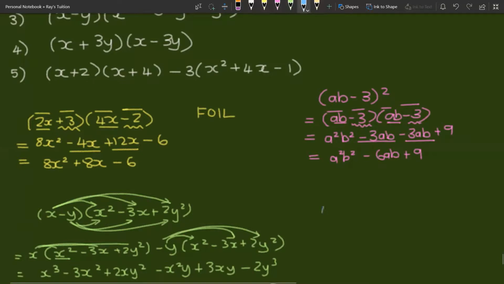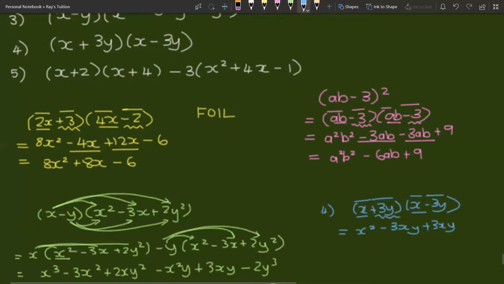Then let us look at number 4, which is x plus 3y times x minus 3y. This is a binomial times a binomial, so we're going to use FOIL. x times x is x squared. x times minus 3y is minus 3xy. 3y times x is positive 3xy.